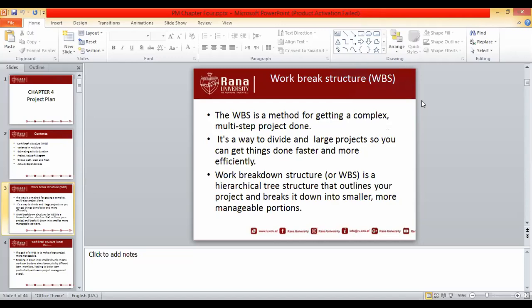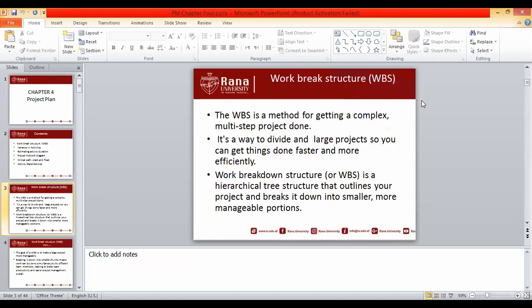And in this manner, the project manager is also able to estimate how much funds are needed to complete each activity, how many persons are needed, and how many other resources are needed to complete each activity.